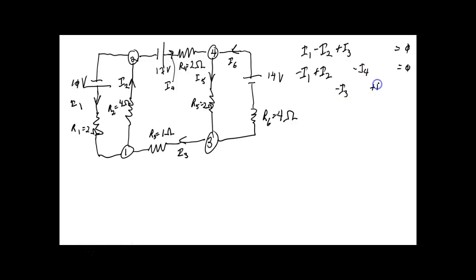Coming in, so that's a plus I5. And then what's happening with 6? Leaving, so minus I6. And that's equal to 0. Okay, let's go up to 4 and see what happens. Smallest number subscript would be 4 here. And what's that doing? Going in, so that's a plus I4.